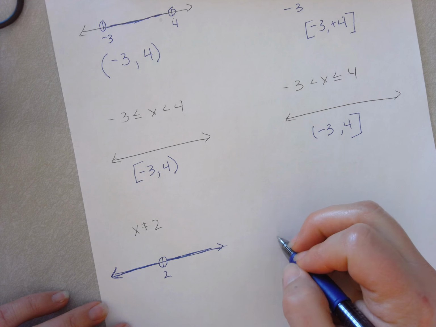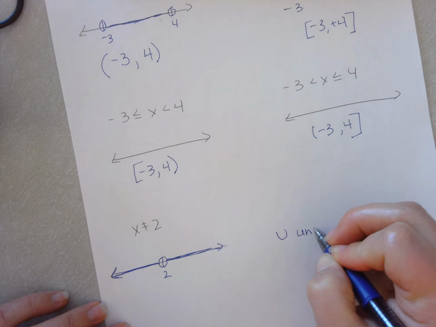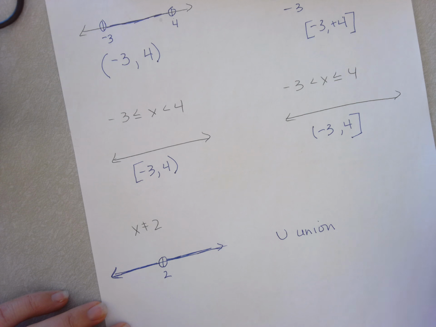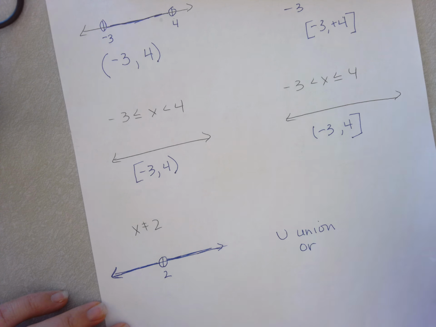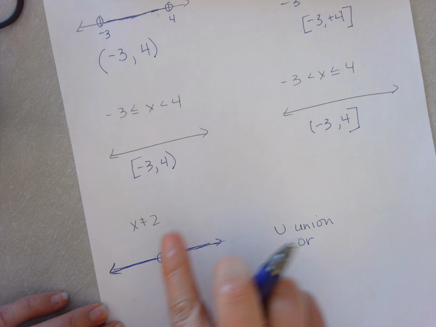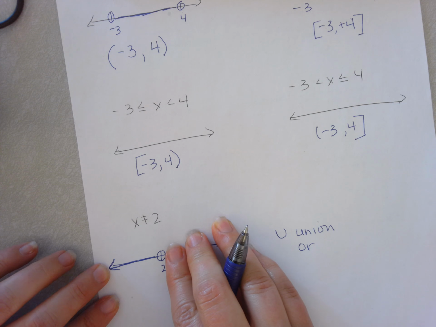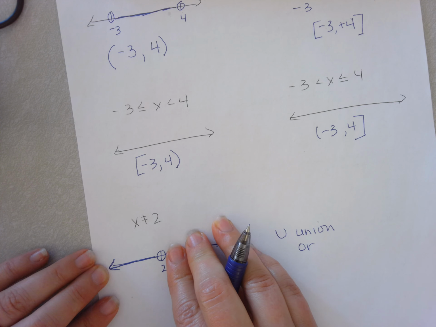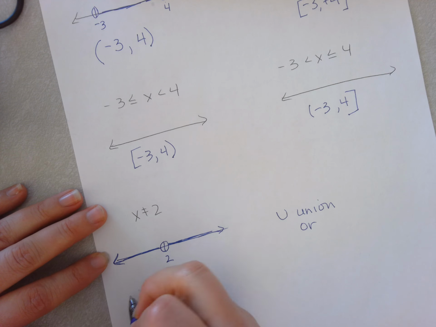And we attach our parentheses with this U. Basically that means it's a union sign, and it's just a way of saying "or." Okay, so I go from left to right, and we always start from the left. I go from -infinity up until this 2.